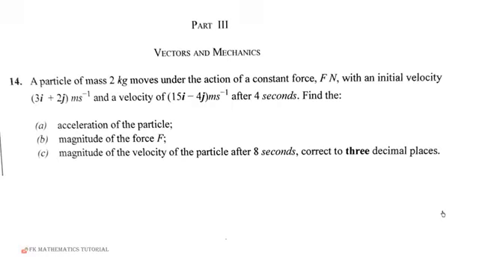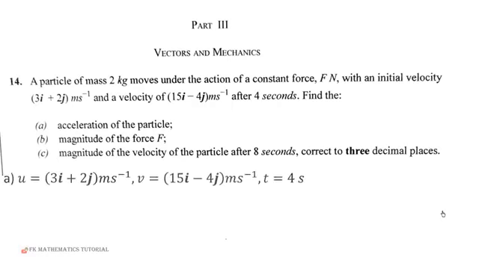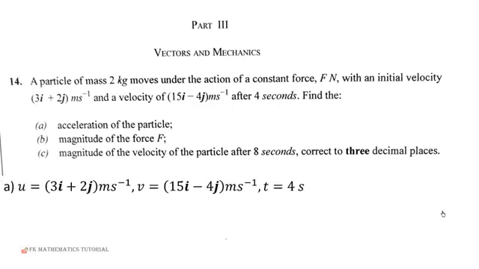Let's pick this information from the question. We have the u, which is the initial velocity, to be 3i plus 2j meters per second. Then we also have the v, which is the final velocity, to be 15i minus 4j meters per second. Then again, we have the time, which is 4 seconds.